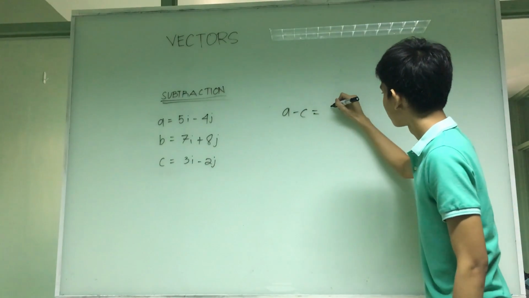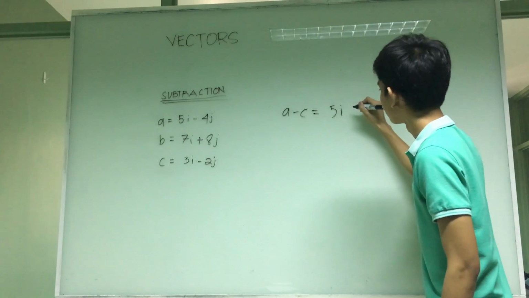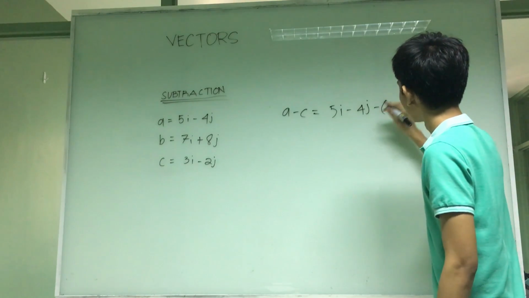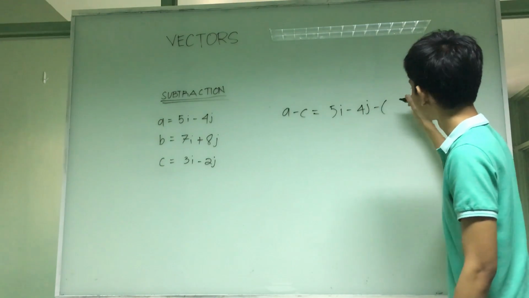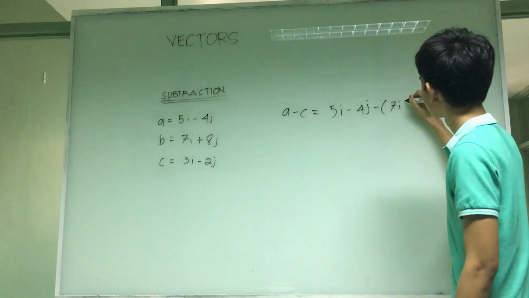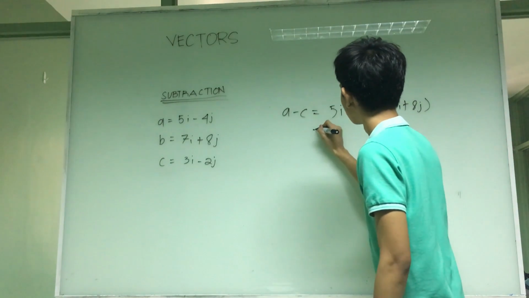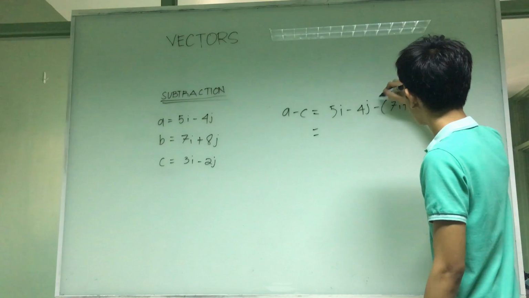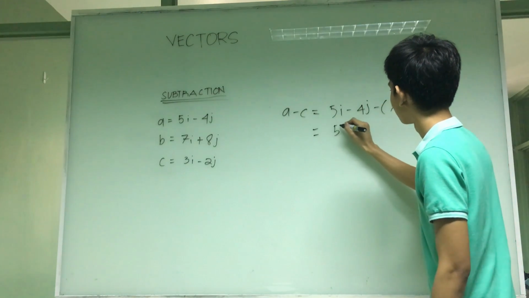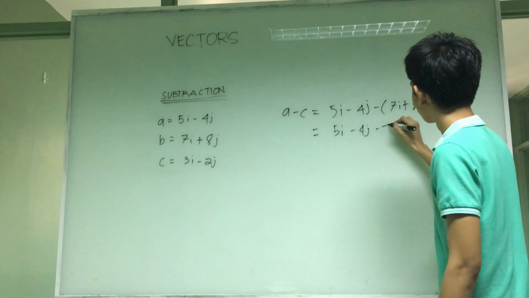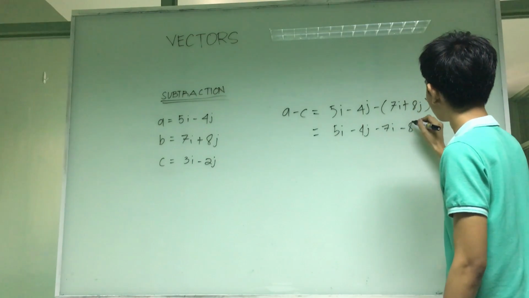Example, A minus B. So 5i minus 4j minus B, 7i plus 8j. So transpose, negative 7i minus 8j.